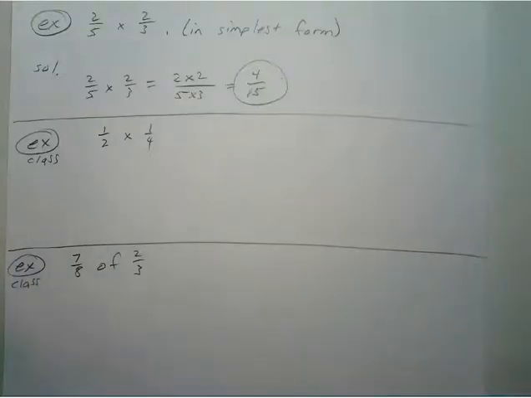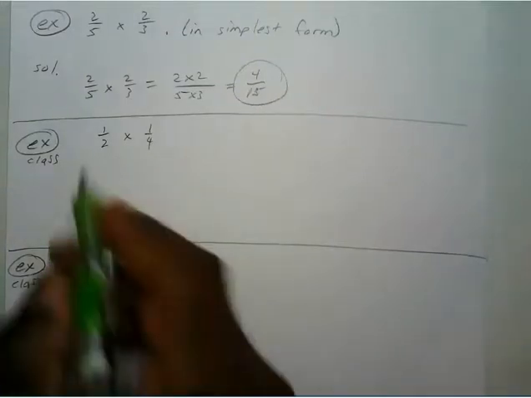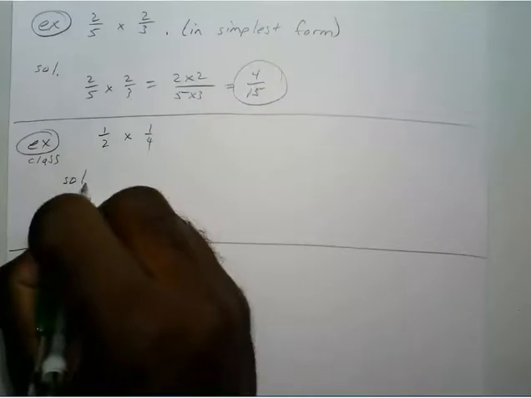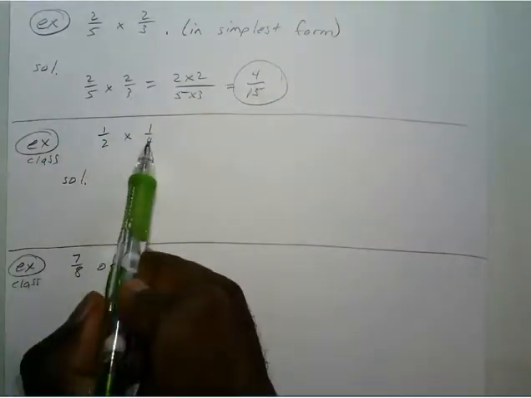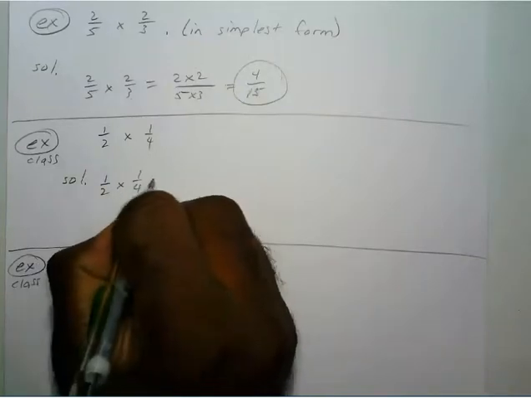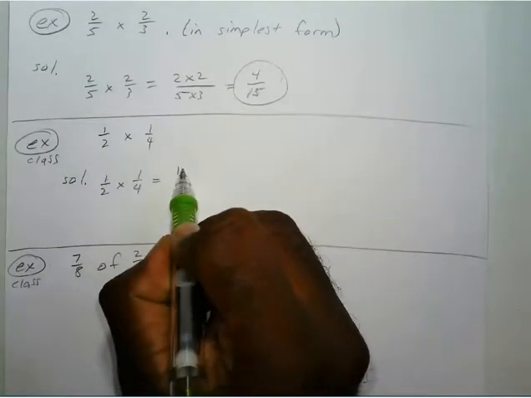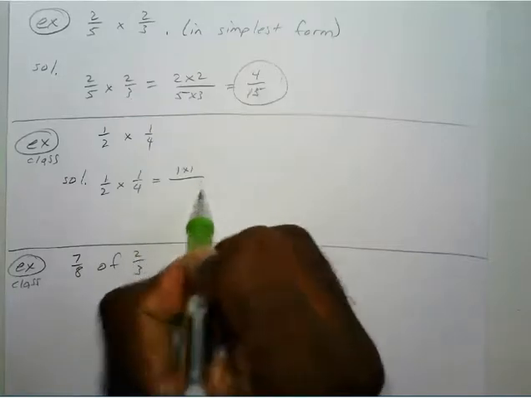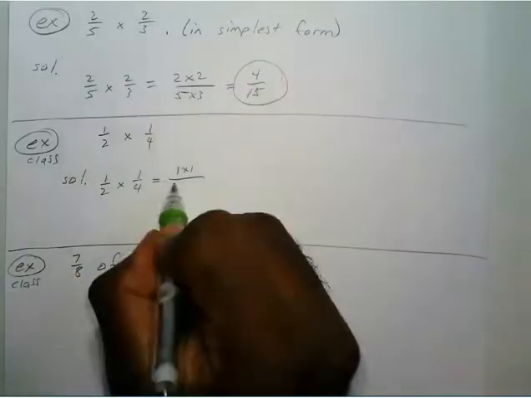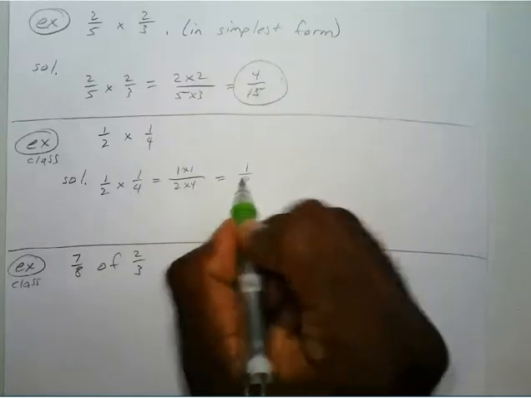All right, we'll assume that you've already pressed pause and solved it. So let's verify your answer. You have 1/2 times 1/4, which is 1 times 1 over 2 times 4, which ends up being 1/8.